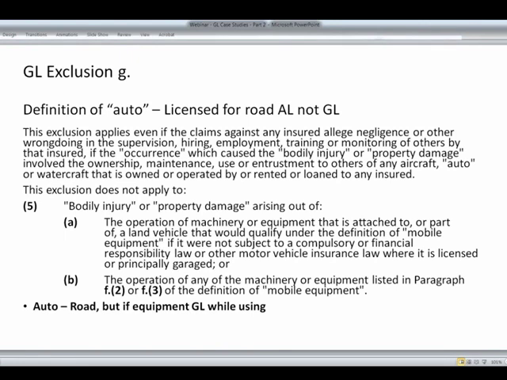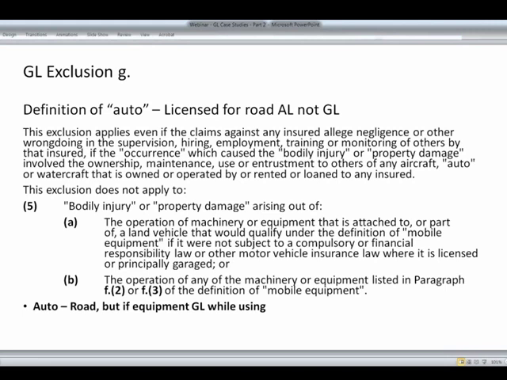The auto policy would cover the liability caused by the driver driving the vehicle, and the general liability policy would add more dollars to cover the insured for having the wrong driver behind the wheel. ISO attempted to correct this by changing the wording in the policy to say no, no, no, it's all auto. We're not going to pick up the negligent supervision or handling by an insured under the GL policy to be stacked.